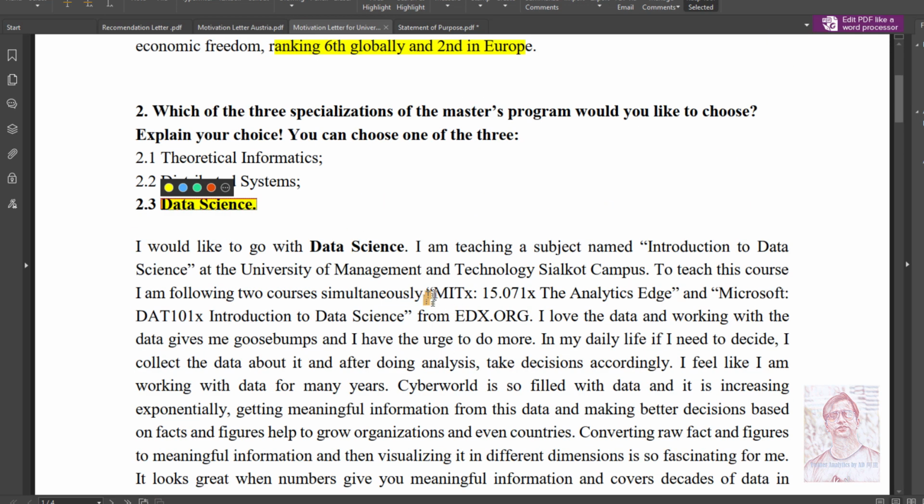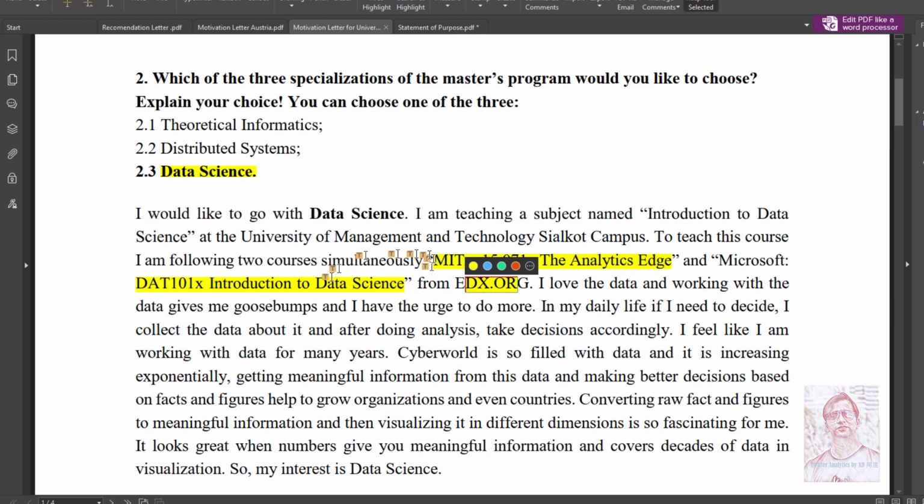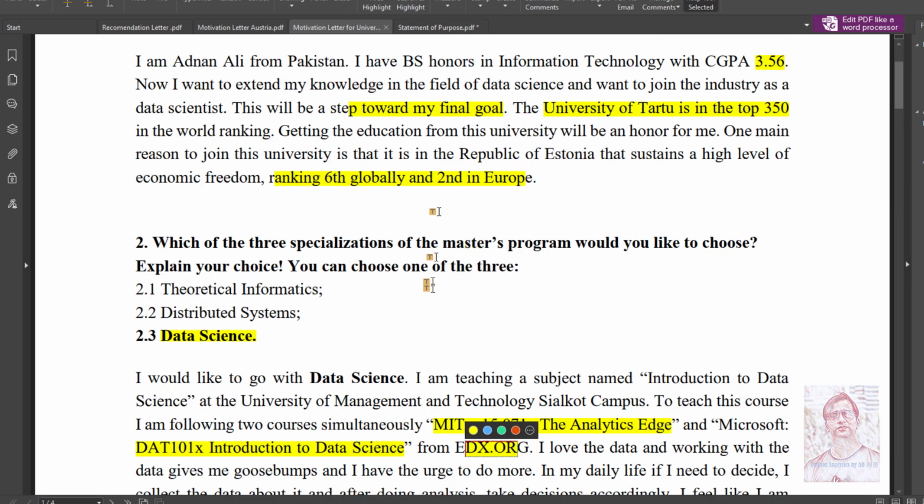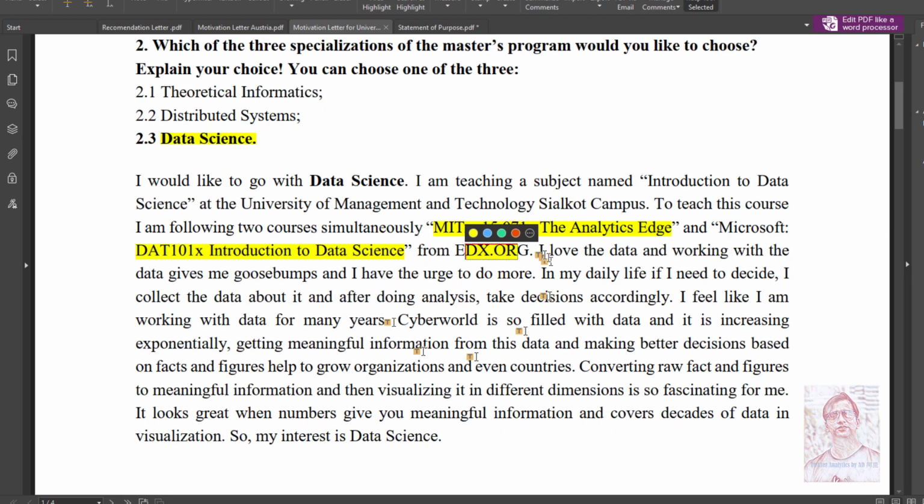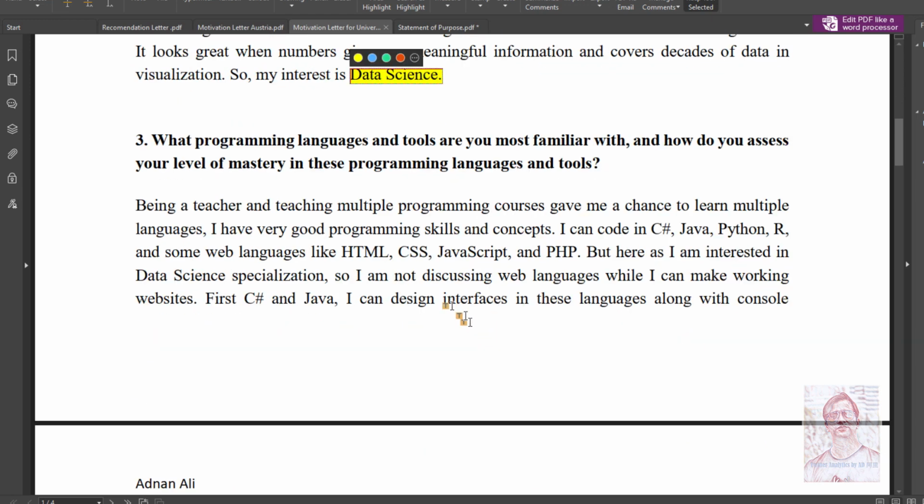At that time I was following this course. I mentioned this course and this course on edX. So you can see that I am explaining what I have done here and what I am doing at this moment, and how this is useful for data science. Okay, you can read that if you want in detail.